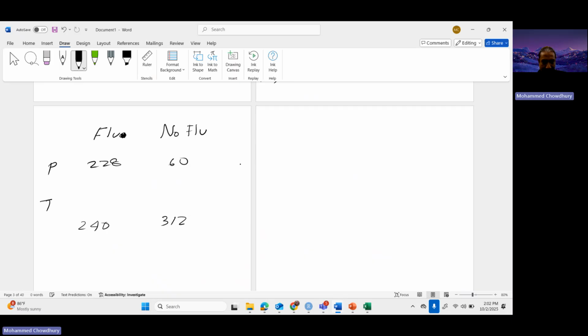Okay. So then the total is 552. And this is subtracted from that. So we get here 288, just the 12 is in there. And then 60 subtracted from there, there is 200.